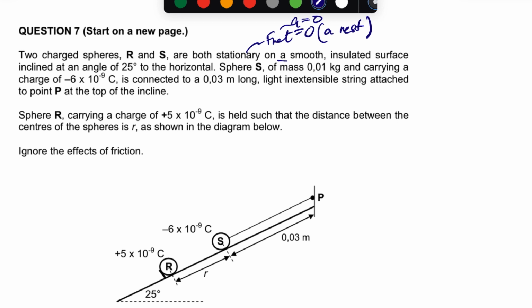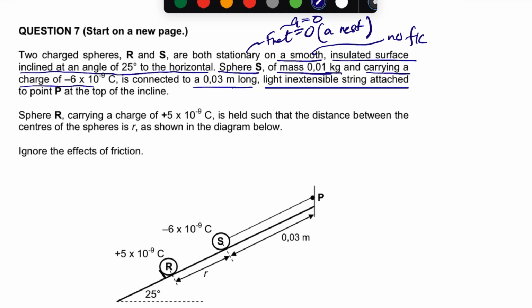Alright? On a smooth, that means no friction, insulated surface inclined at 25 degrees to the horizontal, sphere S has a mass of 0.01 kg carrying a charge of negative nanocoulombs and connected to a 0.03 meter long light inextensible string attached to point P at the top of the incline.